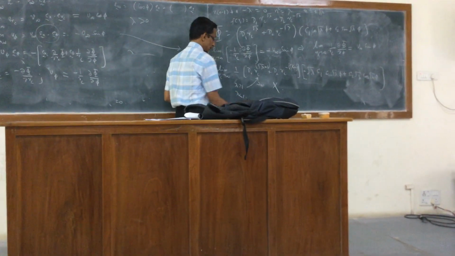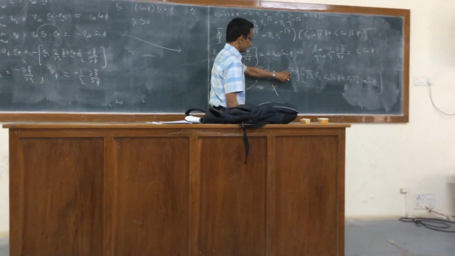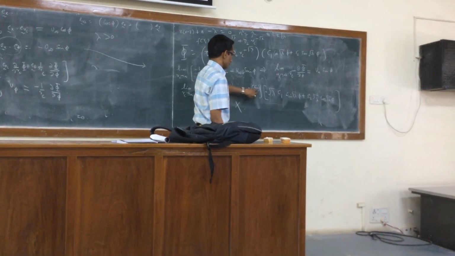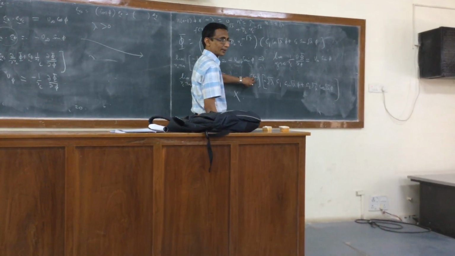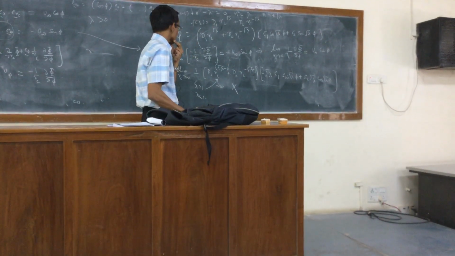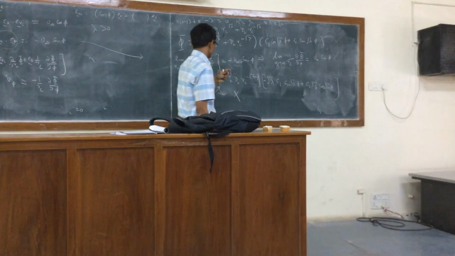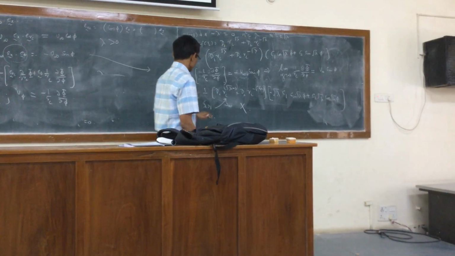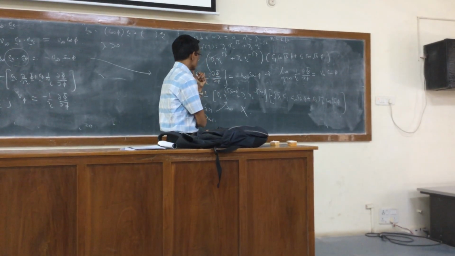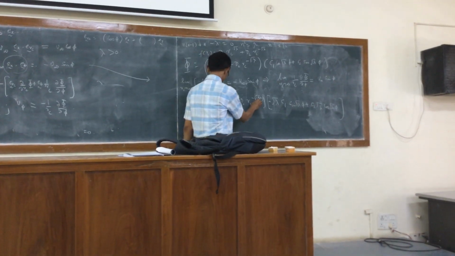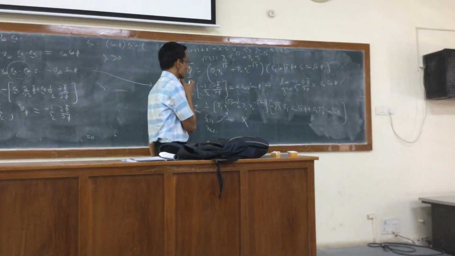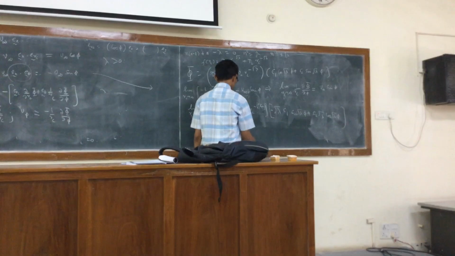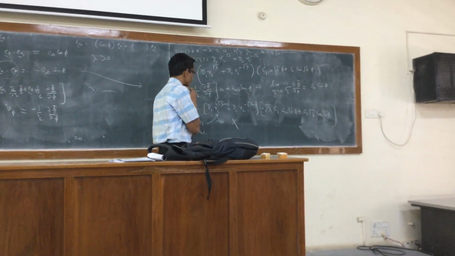Now when I look at lambda less than 1, you see that this would be positive because 1 plus root of lambda is less than 1. The d2 term would be 0, and that was 0 even earlier.